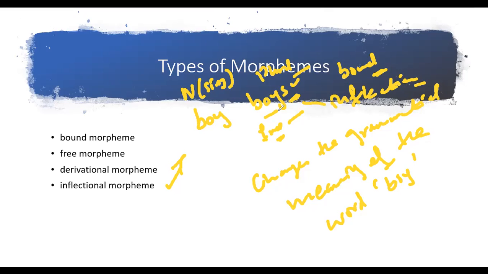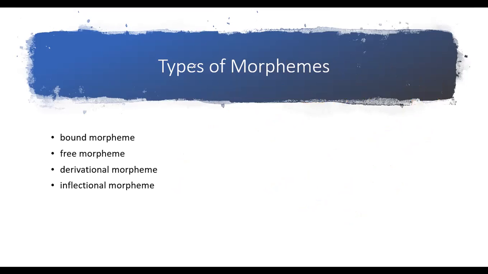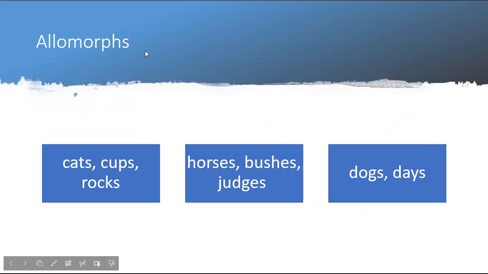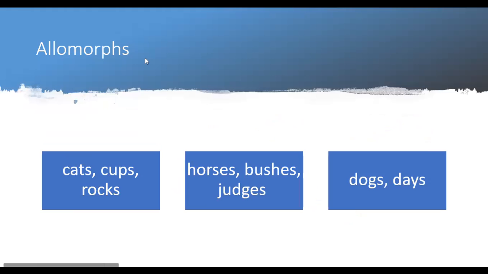Let's go ahead now. Here we have another important concept in morphology, and that is allomorphs. If you just look at these three examples, what is common here?